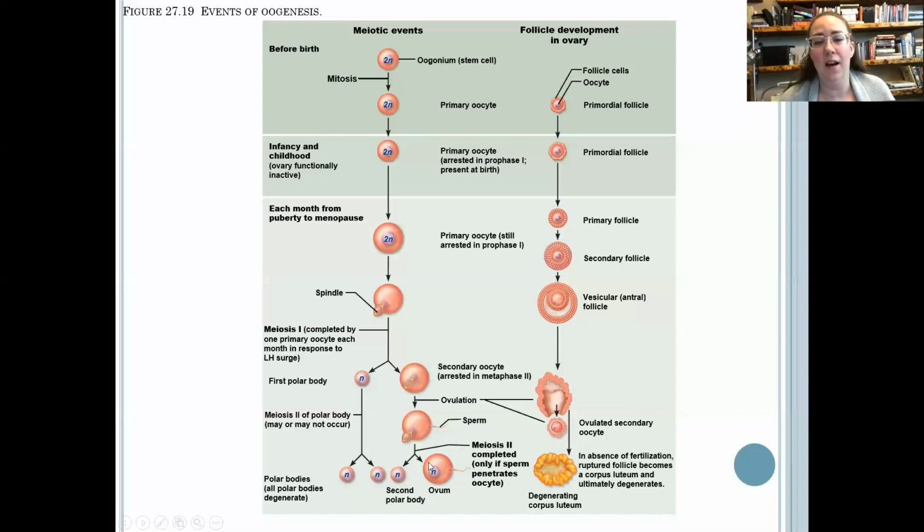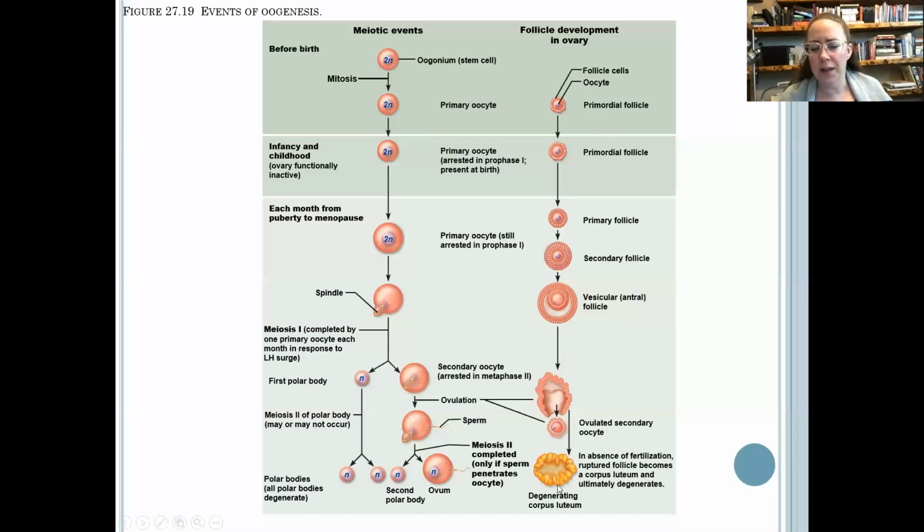So at the end of a meiosis event for an egg, you do not have 4 functional eggs. You have 1 functional egg and 3 polar bodies that just go off and get deteriorated, right? Whereas in the sperm, you have 1 to 4 fully functional sperm, should everything go right, of course.